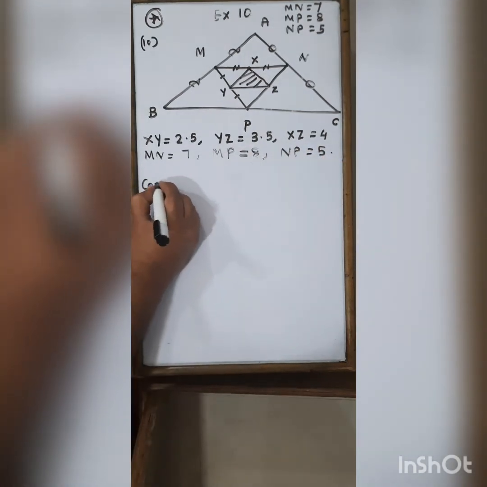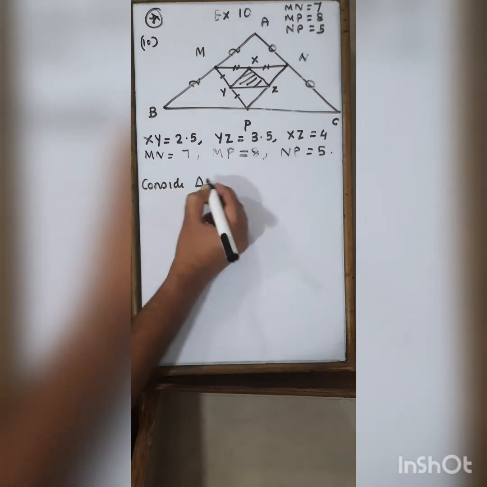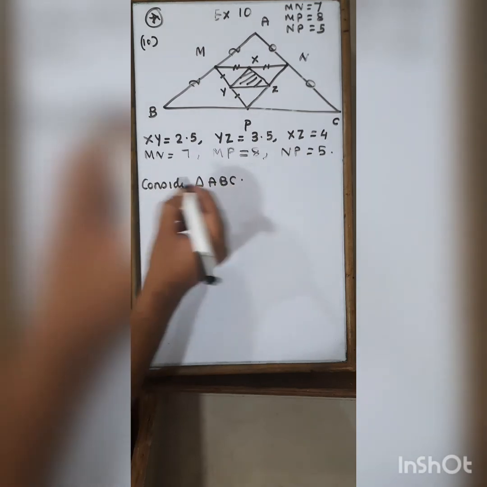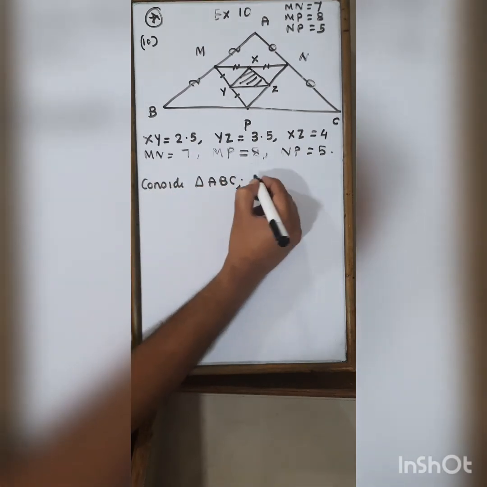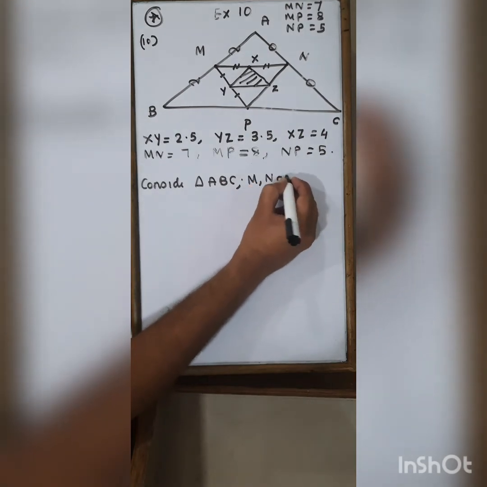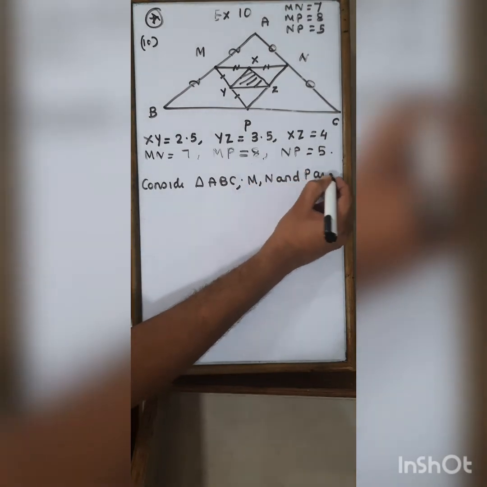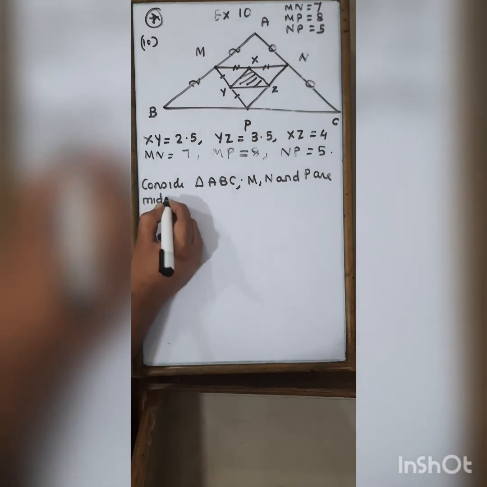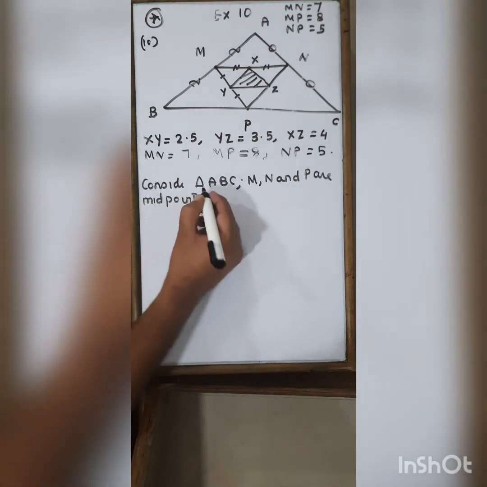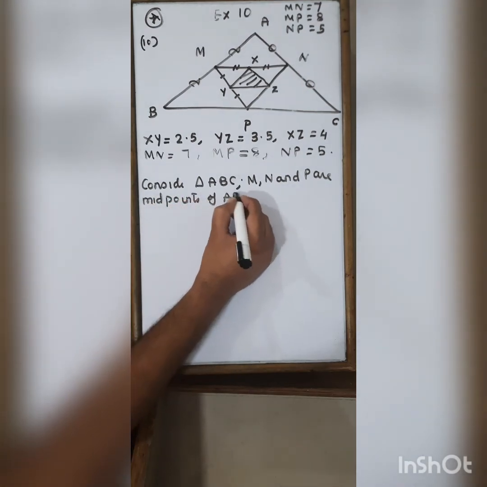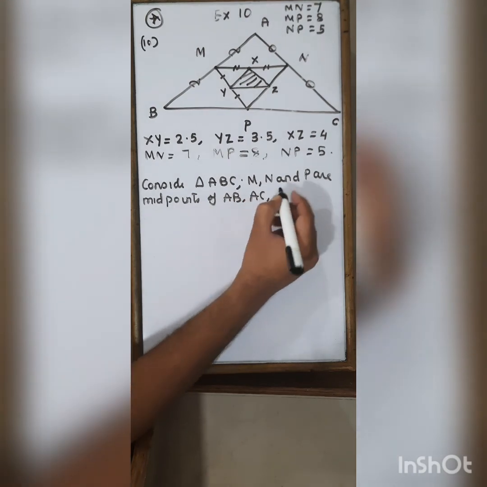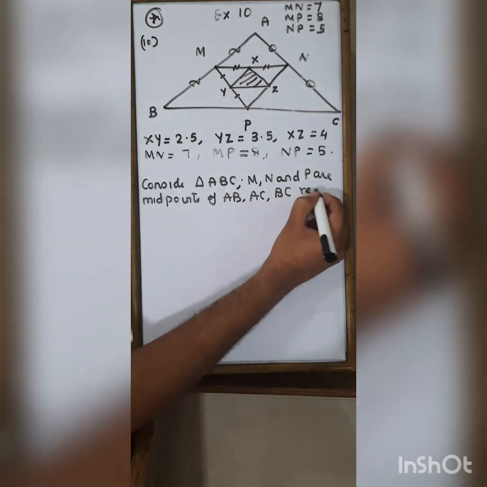Now consider triangle ABC. M, N and P are midpoints of AB, AC and BC respectively.